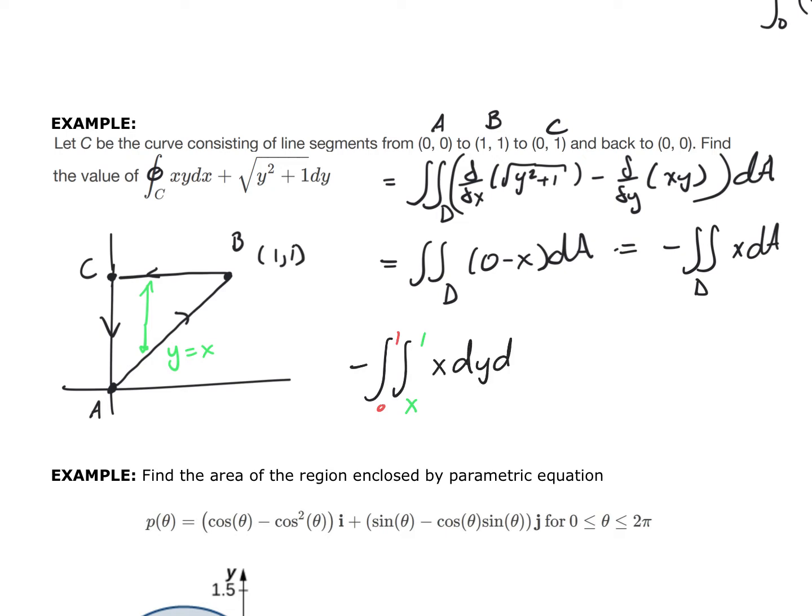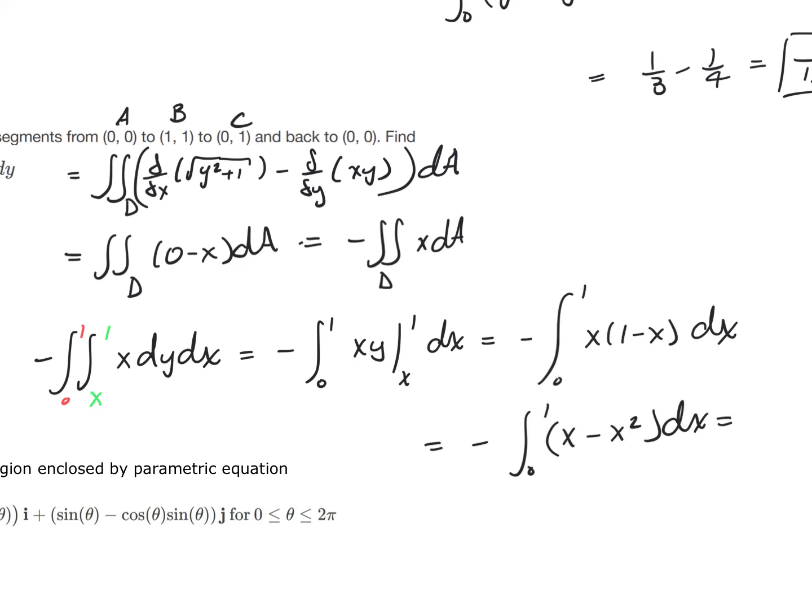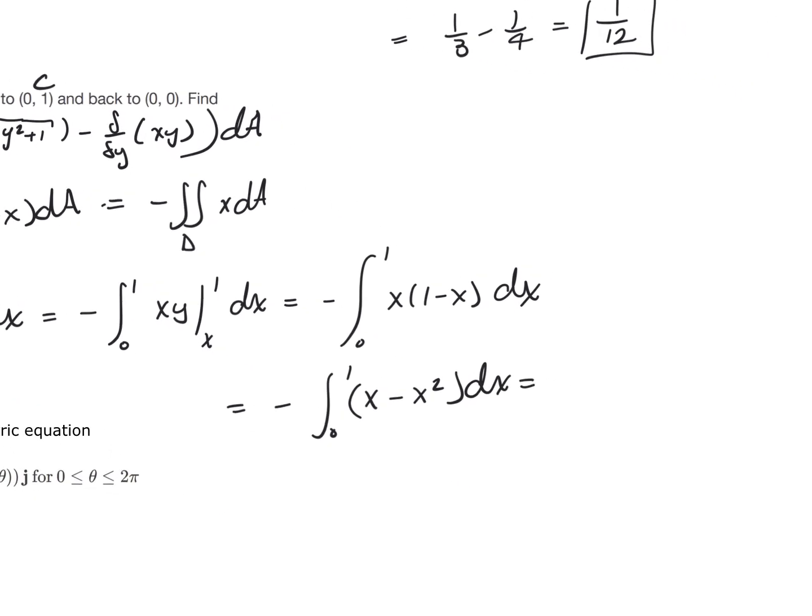Of x dy dx, which is going to be negative integral from 0 to 1 of xy evaluated from x to 1 dx, which is negative integral from 0 to 1 of, well, it's just going to be x times (1 minus x) dx, which is the negative integral from 0 to 1 of x minus x squared dx, which now integrates really nicely into x squared divided by 2 minus x cubed divided by 3.